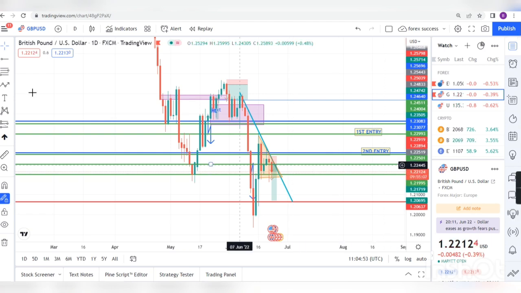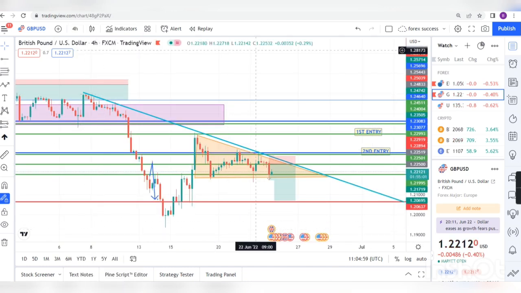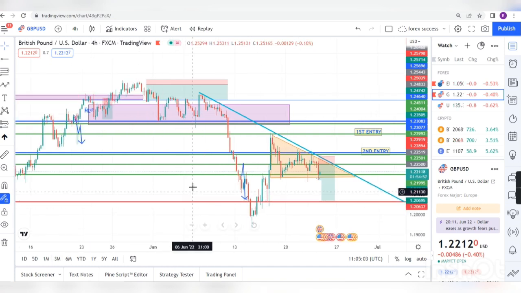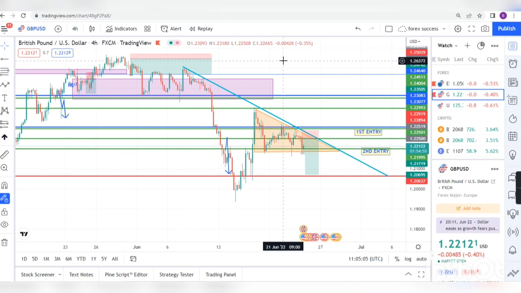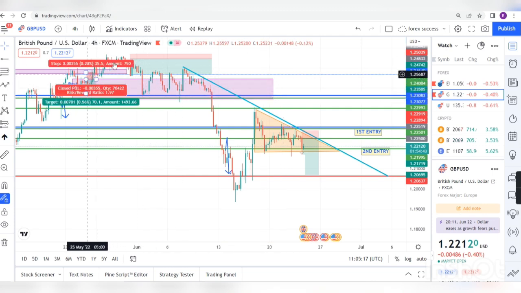Then what we do next is move to the 4-hour time frame, where the major analysis is going to be done. I already did my analysis and I'll show you the reason why I took this trade. This is the 4-hour time frame, the same trend line indicating that the market is on a downtrend, and you can see this level where price reacted.